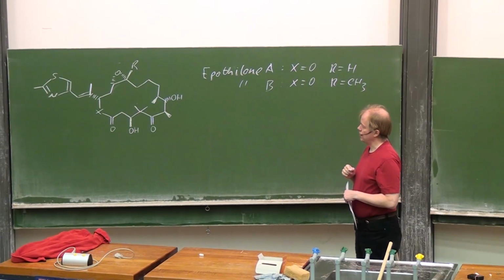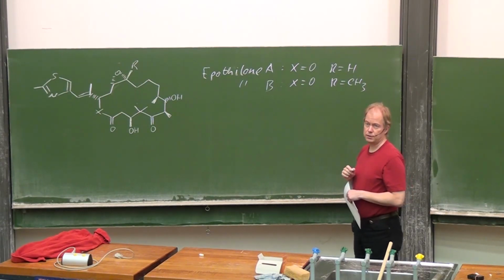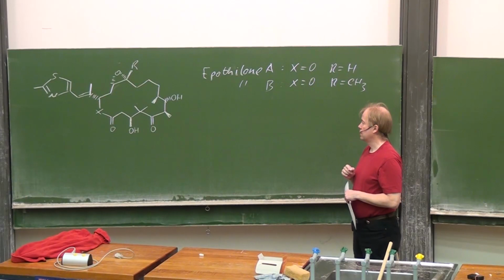So this is a natural product, a highly interesting natural product, partially from its structure, and it is additionally a very interesting target for organic synthesis because of its biological activity.